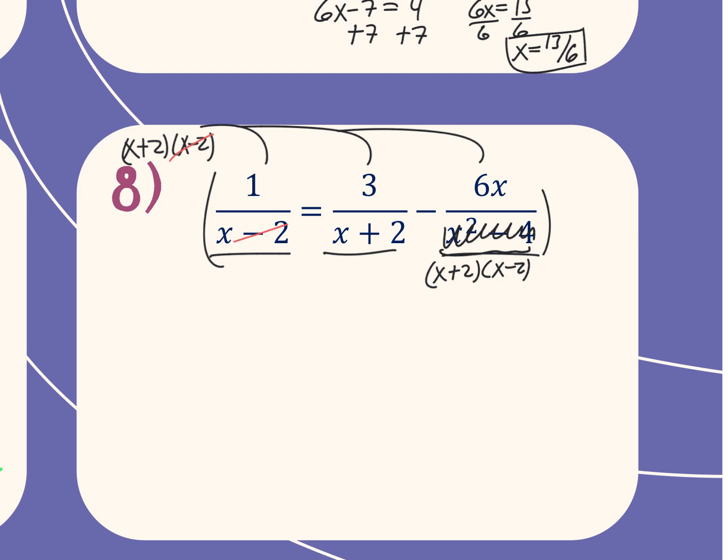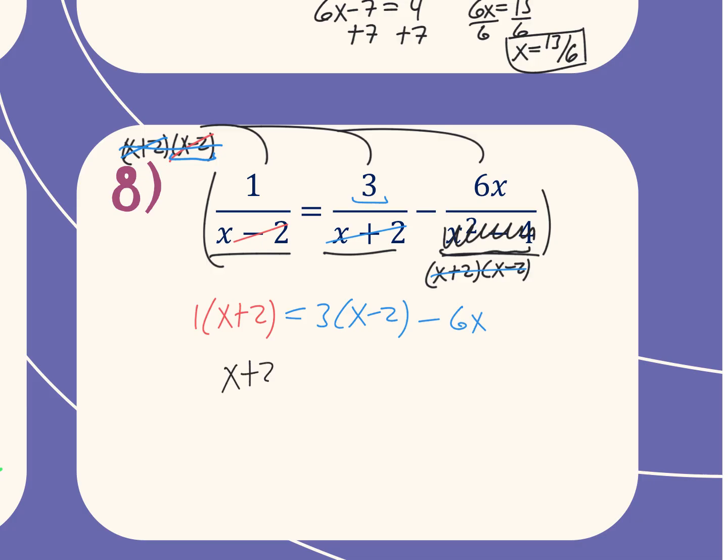And then we're left with a 1 times x plus 2, and then x plus 2 and x plus 2 over here are going to cancel, but I'm still going to have this x minus 2 with that 3. So equals 3 times x minus 2 minus, and then it looks like everything cancels with this over here, so minus 6x.